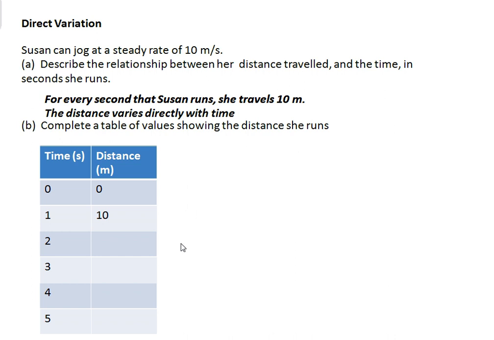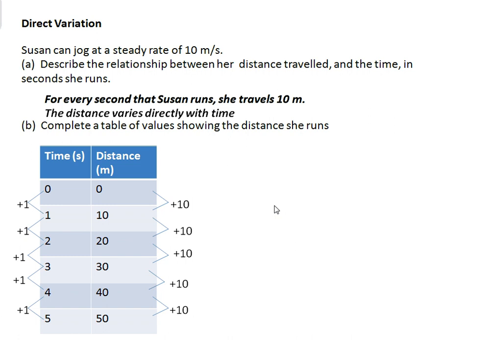So as we go down the chart, add an additional second, so at 2 seconds she's traveled 20 meters, 3 seconds 30 meters, 4 seconds 40 meters, 5 seconds 50 meters. So you'll notice that the distance that she has traveled is 10 times the number of seconds that she has traveled. So each time that our time intervals go up by 1, our distance intervals go up by 10.